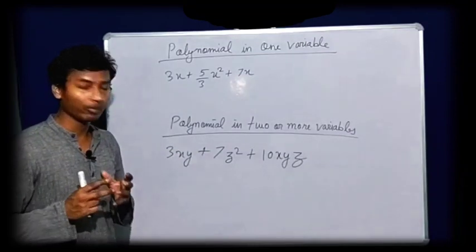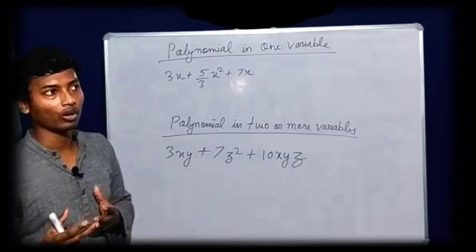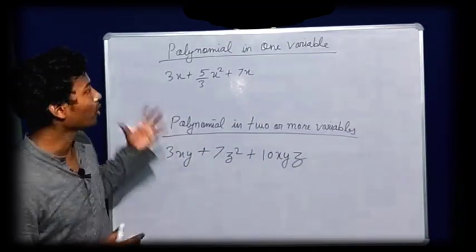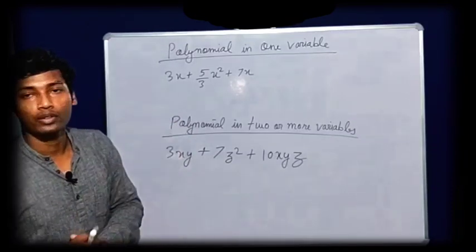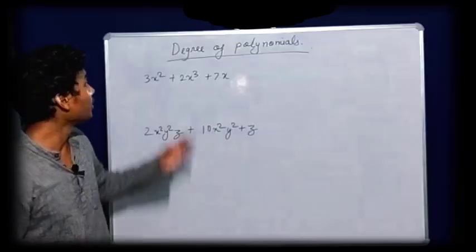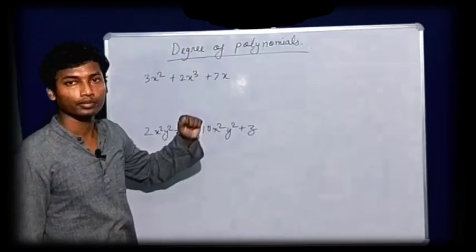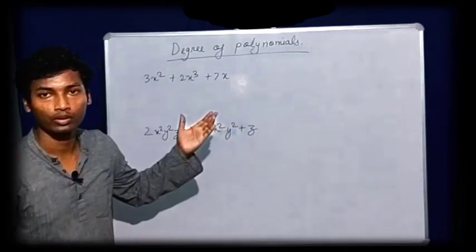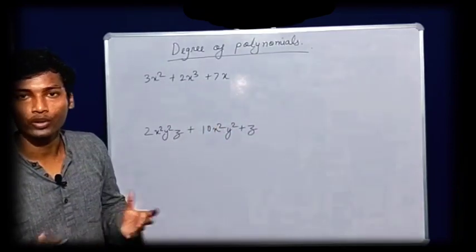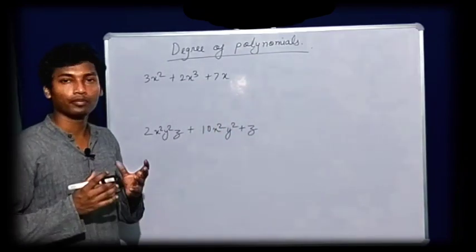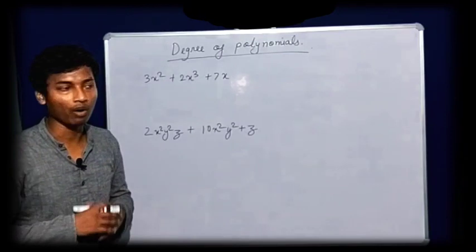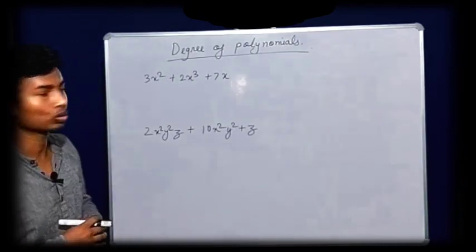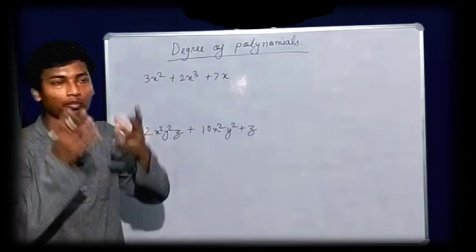Now there are certain special names given to polynomials on the basis of the degree of polynomials. Now you have learnt about the degree of terms just now. What was it? The power, you can say, the power of the variable. So if there were two variables, then we added the powers, right?